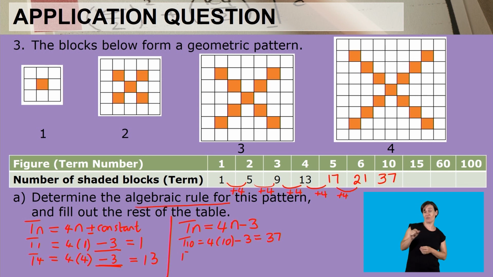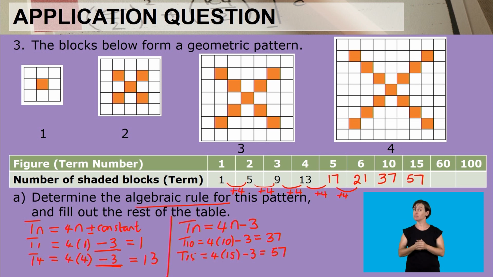What about the 15th term? The 15th term is going to be 4 multiplied by 15, and when we subtract 3, we are going to get, well, 4 multiplied by 15 is 60, and when we subtract 3, we are going to get 57.